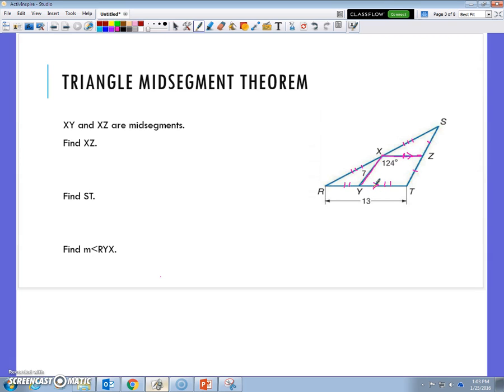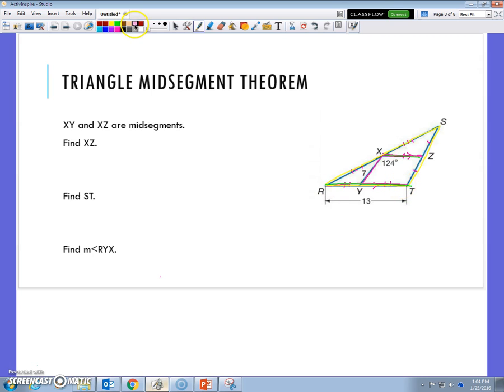It's also guaranteed to be half as long as that one. So I'm looking at the big triangle, and I'm comparing its midsegment to its parallel side. The relationship there is that this little XZ right here is exactly half the length of RT.